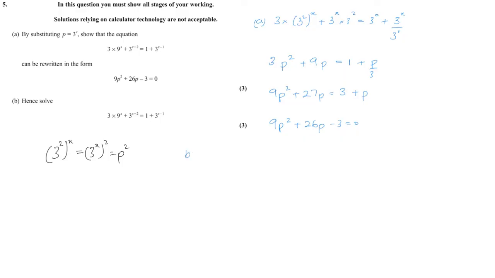Now part B is hence solve. So hence solve this. This is this, but this is equal to this. So we've got to solve this equation. So 9p squared plus 26p minus 3 equals 0. So factorize it.